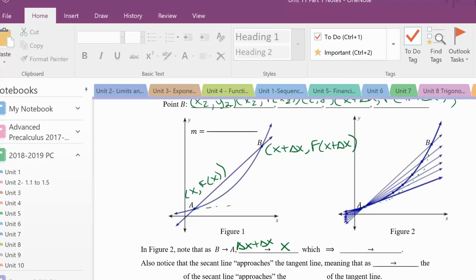All right, there's two types of lines here. The first one, the one that connects A and B, is what's called a secant line. And then this last one that just goes through A is what's called a tangent line.